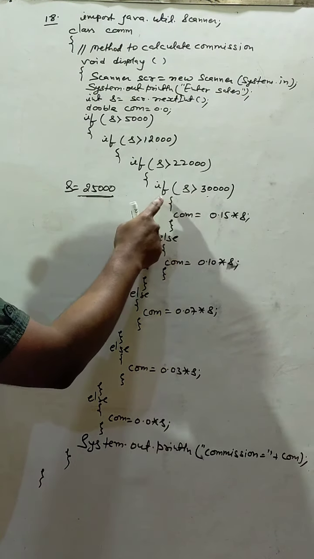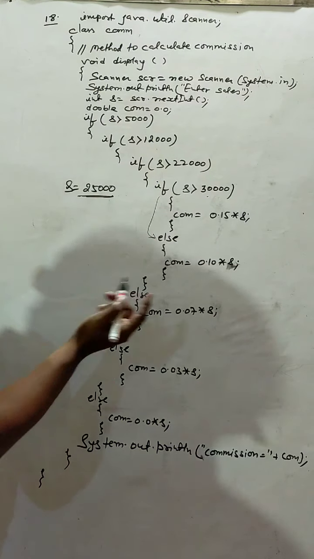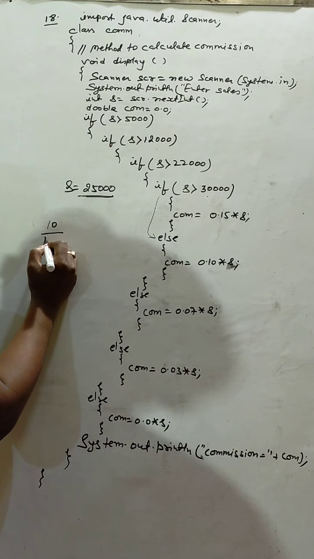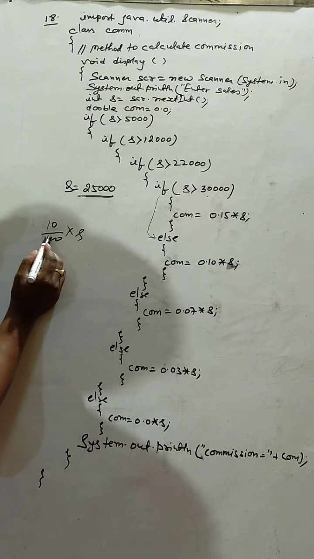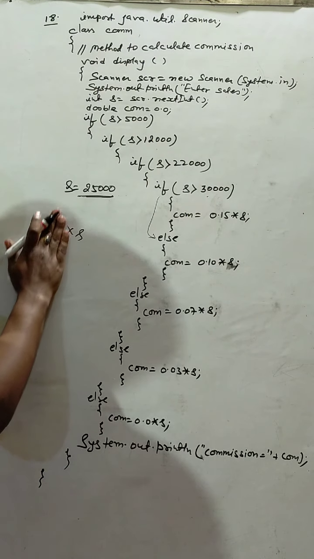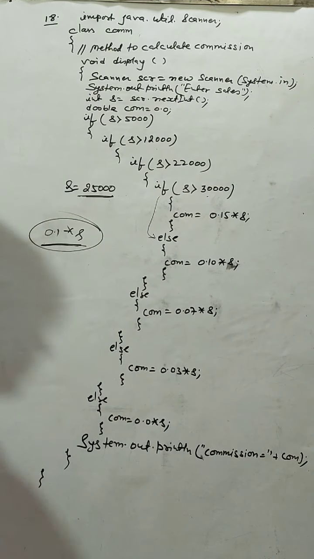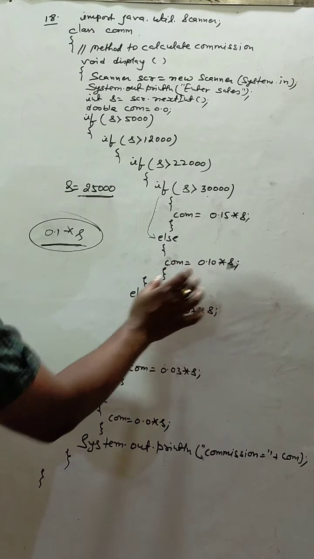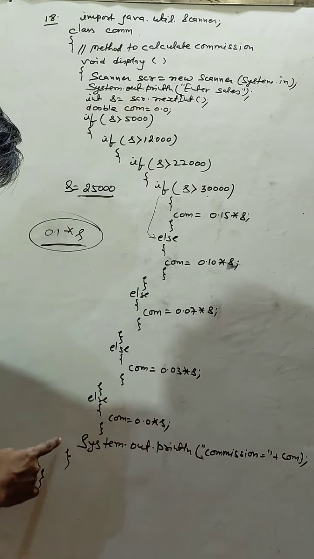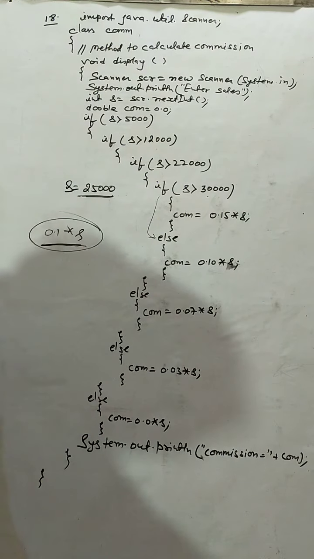This if is false, therefore control transfers to the else part, and here com equals 0.10 into S. 10 means 10%. 10% means 10 by 100 into sale, which can be written as 0.1 of monthly sale. The other else will be ignored. Control comes directly here and prints commission equals com, that is 10% of his sale.